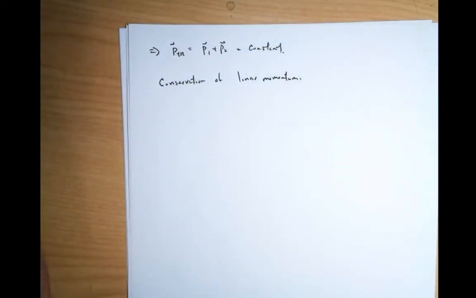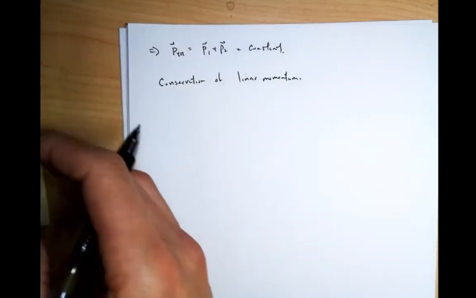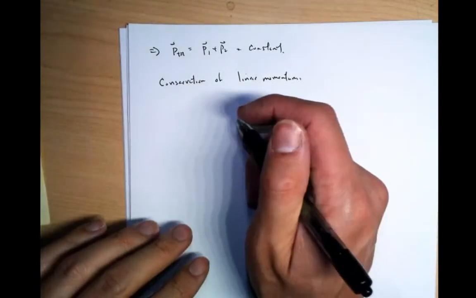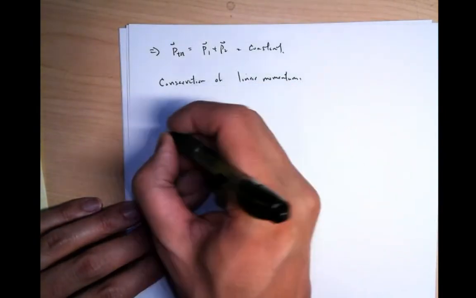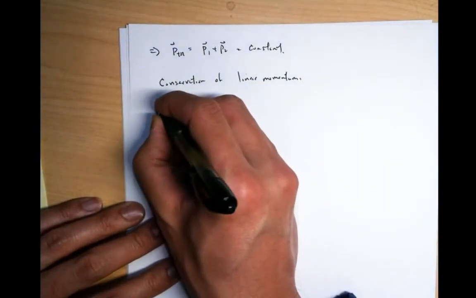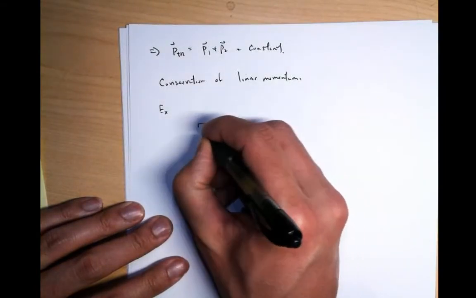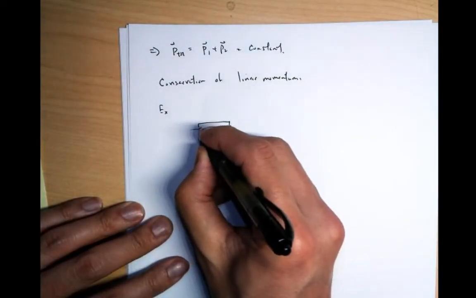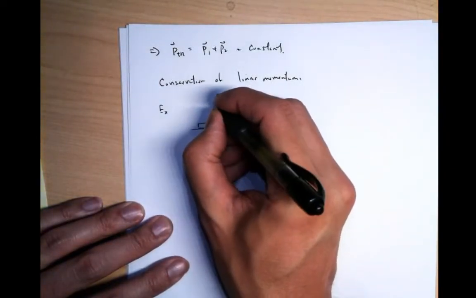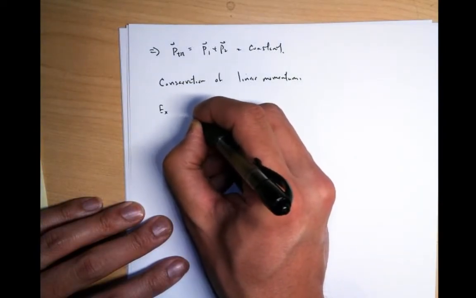Okay. Now, it's cool, right? But it's very useful to basically look at a few examples to learn how to use it. Okay, so let's look at a few examples here. So the first example is we have a frictionless sled here. Okay, and this is on some surface, say, for instance, and some person is running off, right?